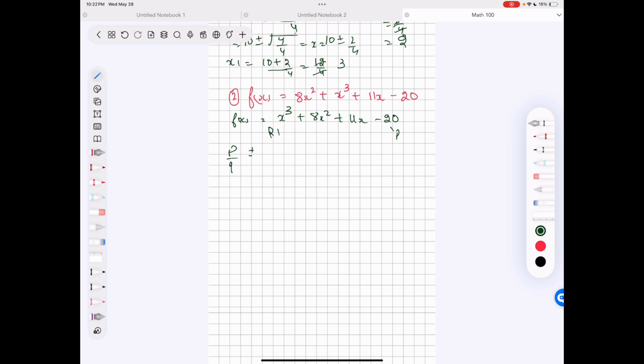For 20, the factors are plus or minus 1, plus or minus 2, not 3, we can't do 3. We can do plus or minus 4, plus or minus 5, plus or minus 10, plus or minus 20. And we can divide it all by plus or minus 1.